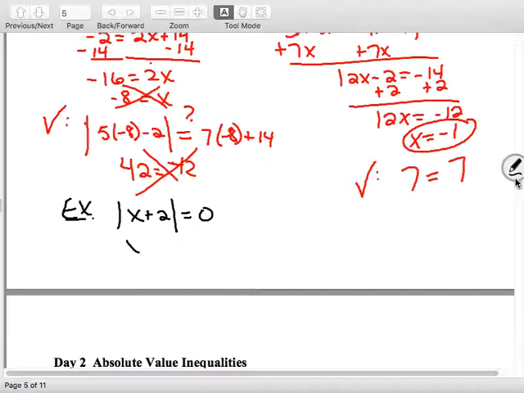So if I have an absolute value equals 0, you're only going to write one equation. I can think of one other case where I don't write 2. And anybody else, now that he said equal to 0, what's another one?